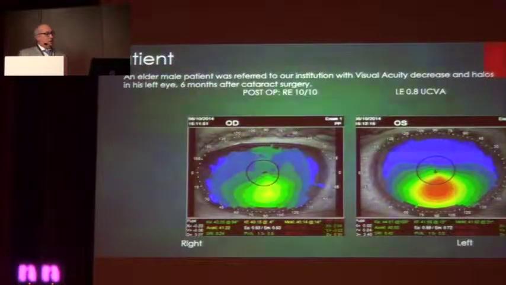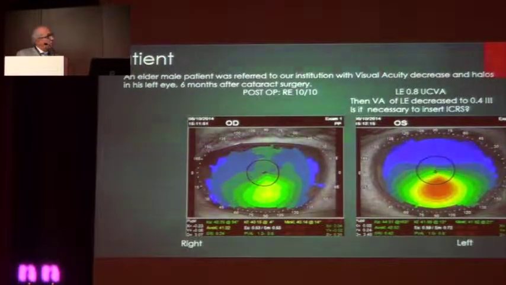Another male patient was referred from our institution with visual acuity decrease in his left eye, 6 months after cataract surgery. One eye has 20/20, and this eye is 0.8.